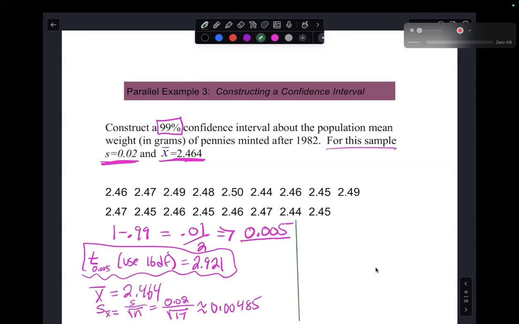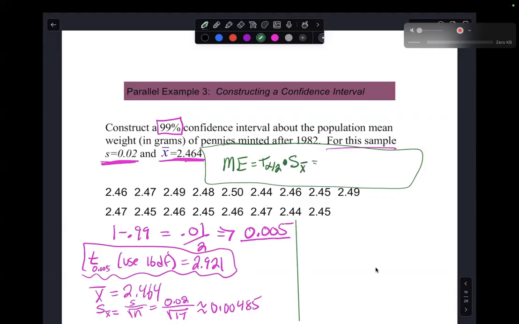Okay. I'm gonna calculate the margin of error. I'm gonna do that in this space up here because I'm kind of running out of room. I'm gonna move it up there. My margin of error is t sub alpha divided by 2 times the standard deviation.